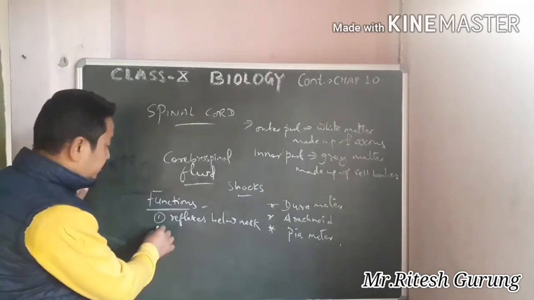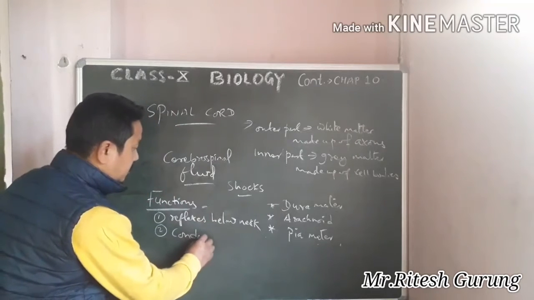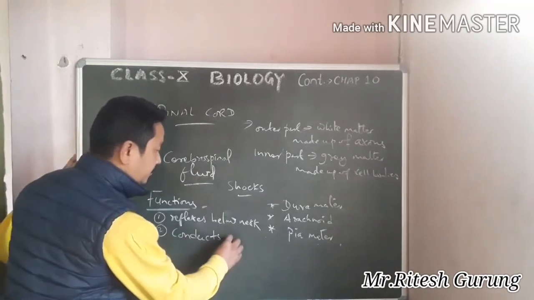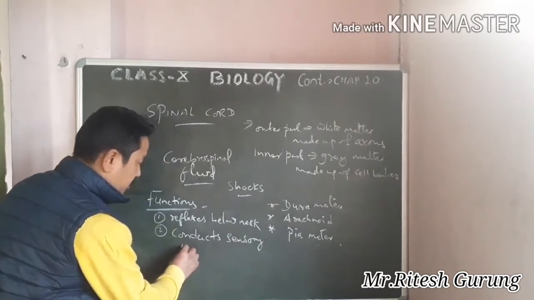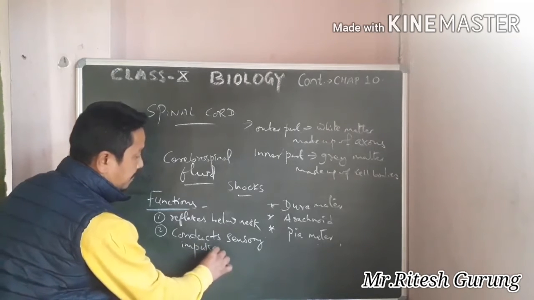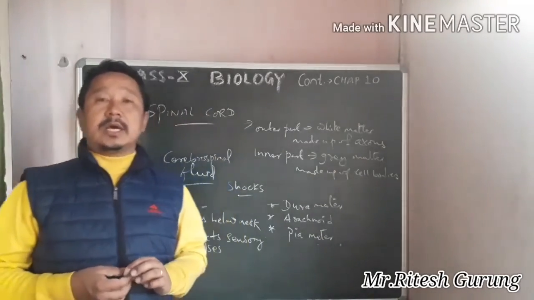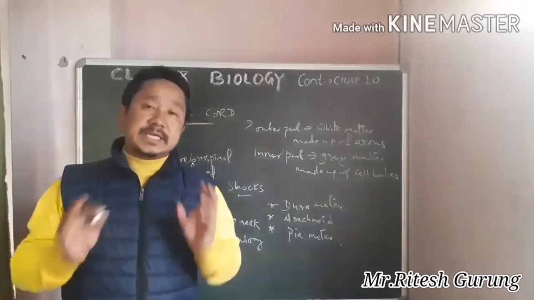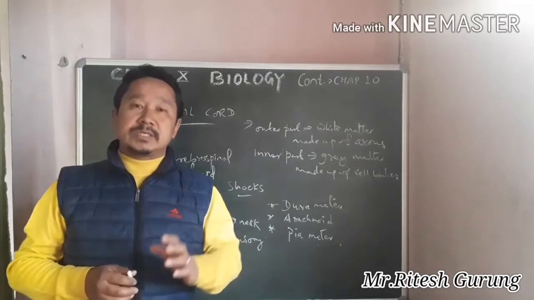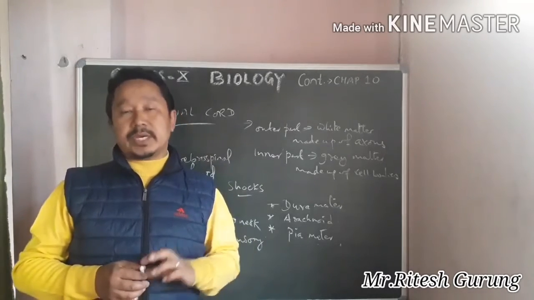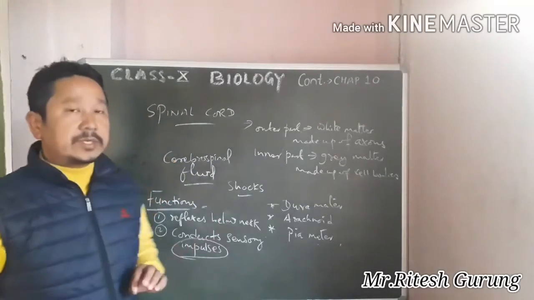Number two, it conducts sensory impulses. Your spinal cord conducts sensory impulses from the receptors, like skin and muscles, to the brain. Here, what does impulse mean?